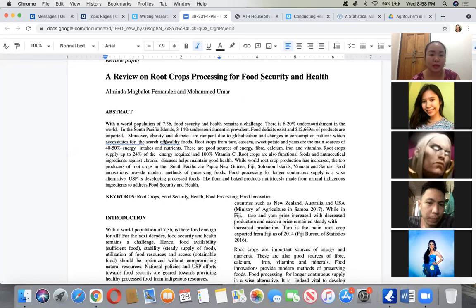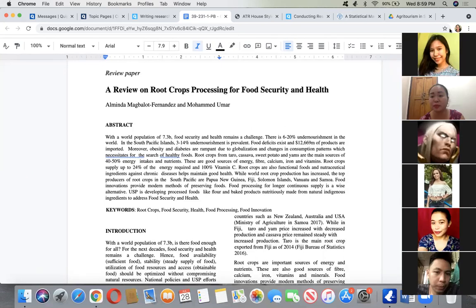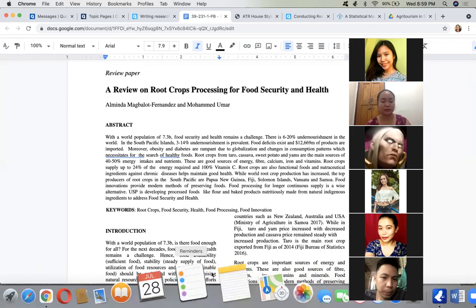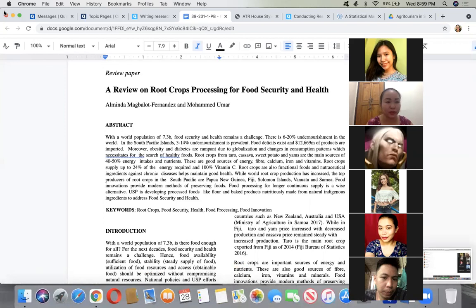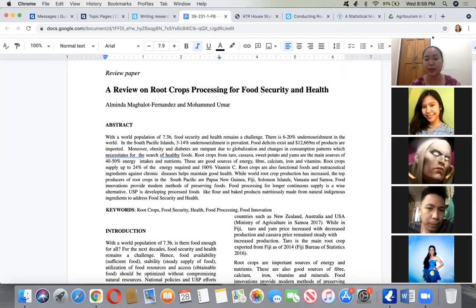So in this review paper, and mind you, you're going to submit a review paper, you should take note of this, because your main requirements, the third one is either a PowerPoint or a poster. So in your abstract, it's stated here the summary of what's inside your paper.